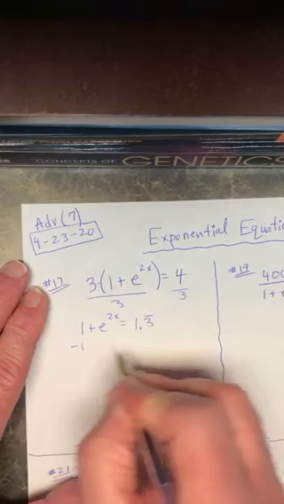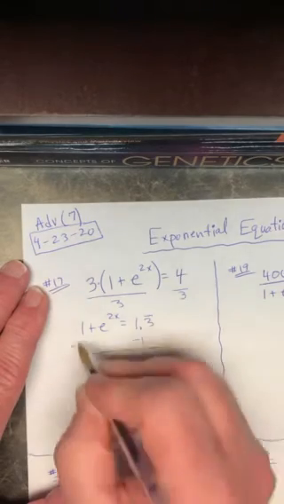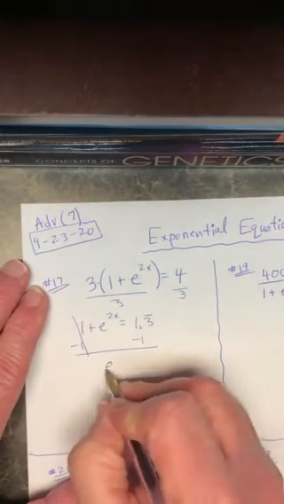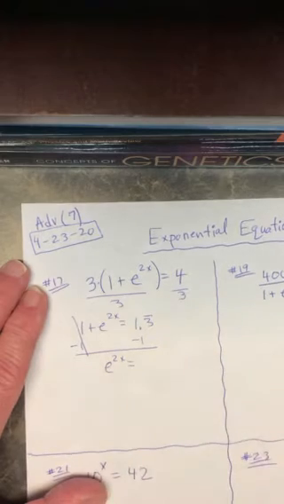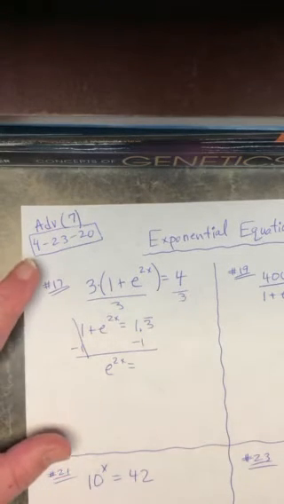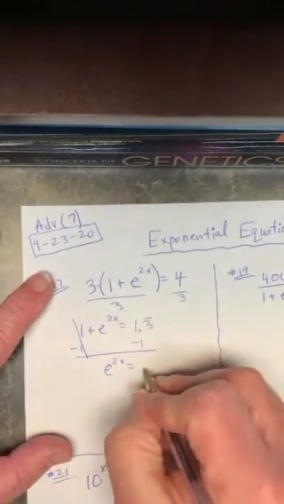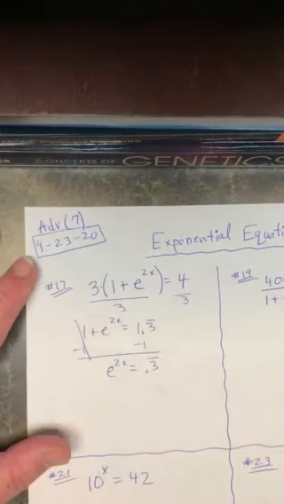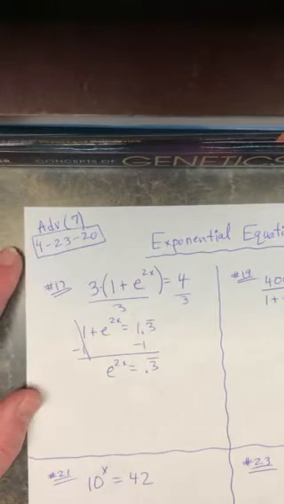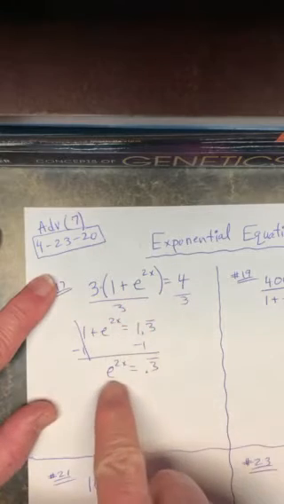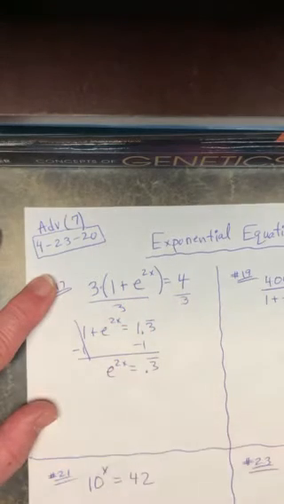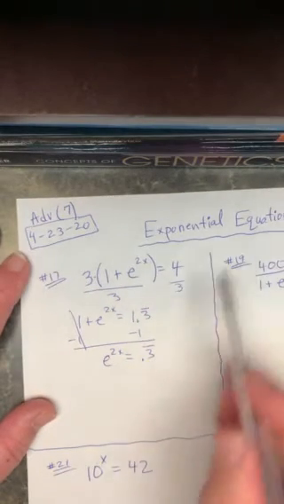I'm going to subtract over the 1. Those 1's would cancel. I've got e to the 2x equals, and of course, 1.33333 minus 1 is 0.3333333.